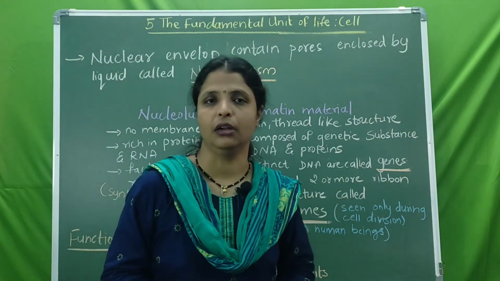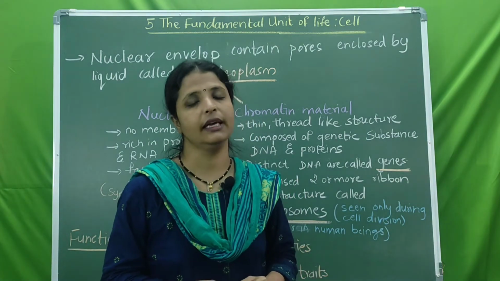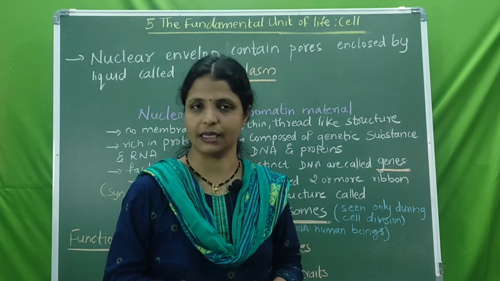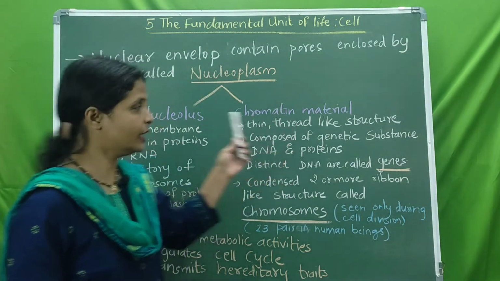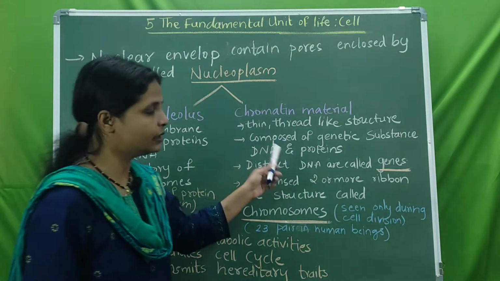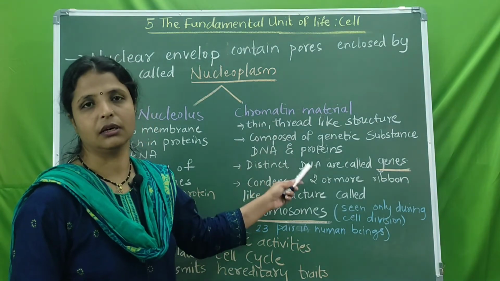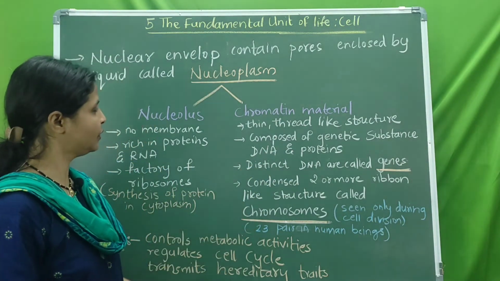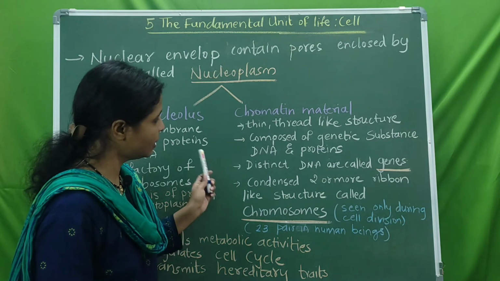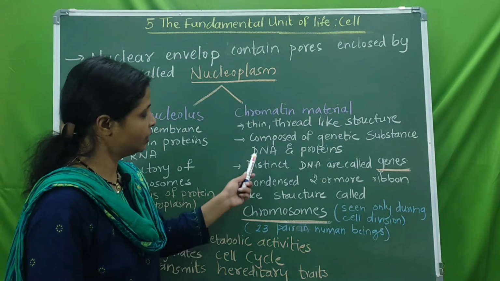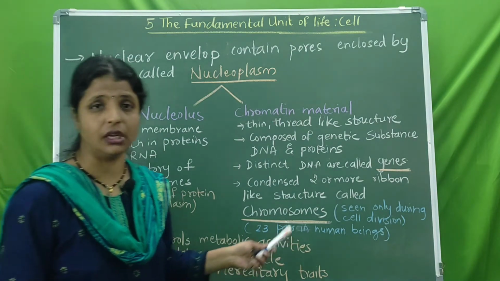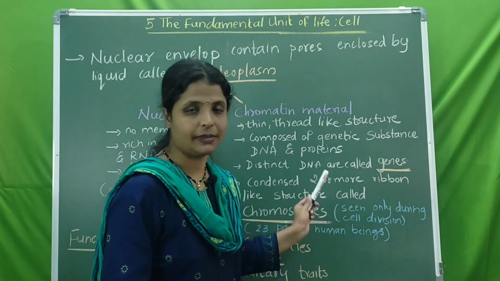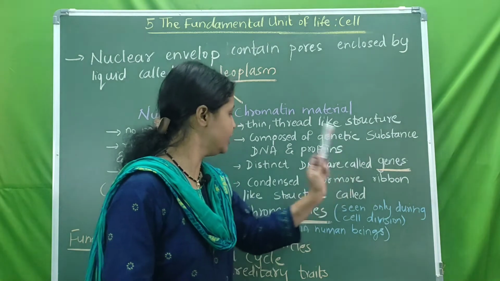DNA is deoxyribonucleic acid, and there are also proteins. So here we can see that the nucleolus and chromatin both are producing proteins. Then chromatin materials contain distinct DNA segments called genes. So there is a special material present in them called genes.